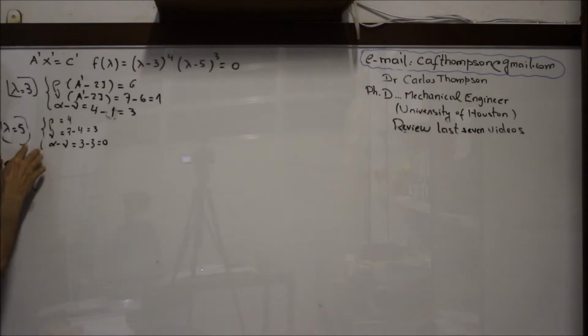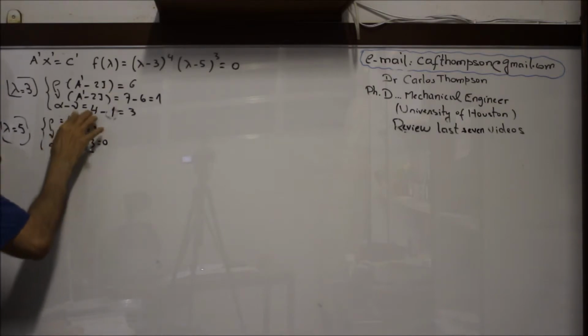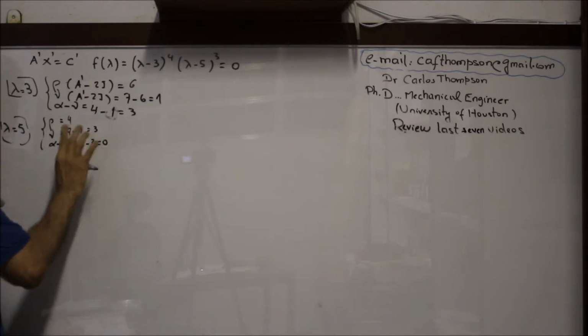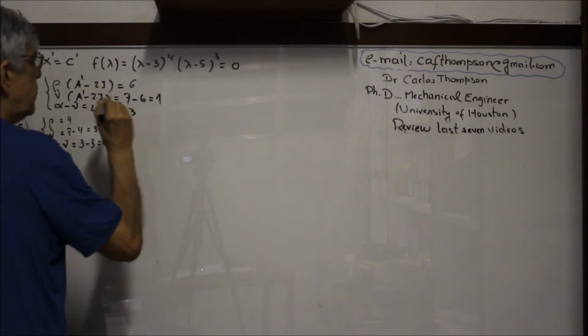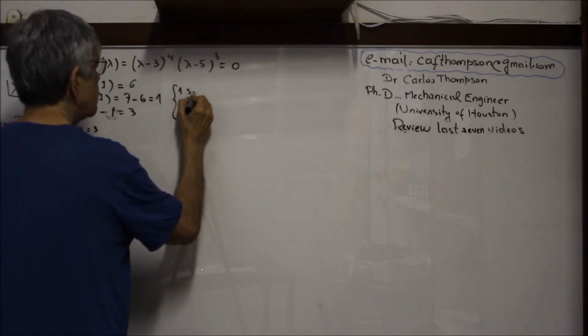Okay, suppose for lambda is equal to 5, this remains the same. Rho is equal to 4, ni is equal to 3, alpha minus ni is 0. Okay? Now, what this tells me, this here shows that I have one solution.